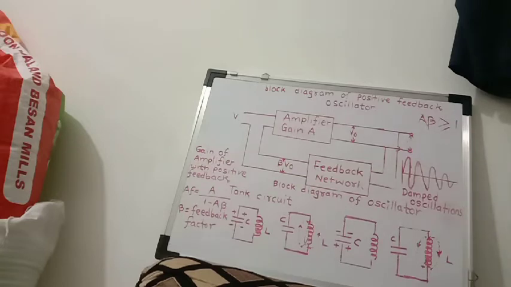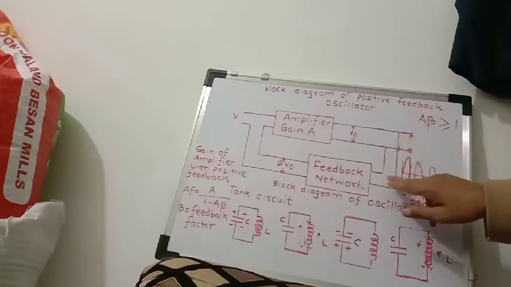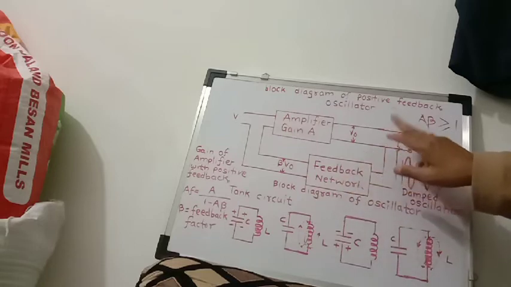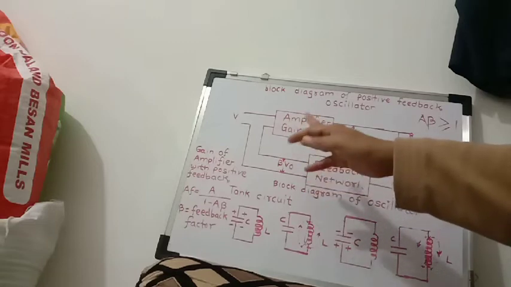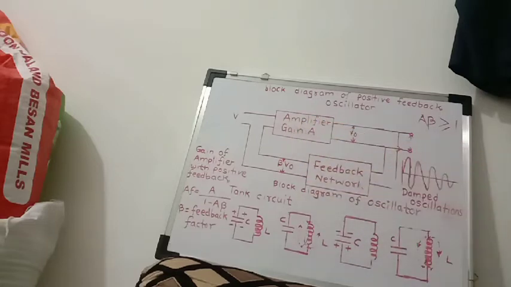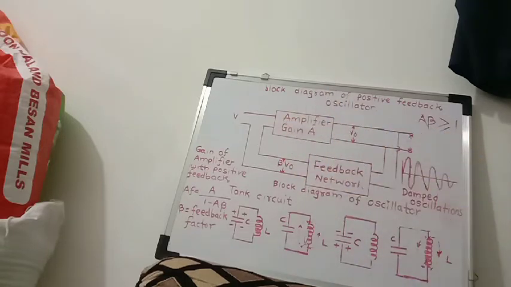And second, the feedback should be positive. Feedback means a fraction of the output of the amplifier is taken and given to the input of the amplifier, in phase with the input signal. It is called positive feedback.